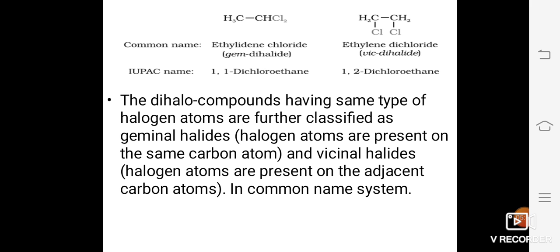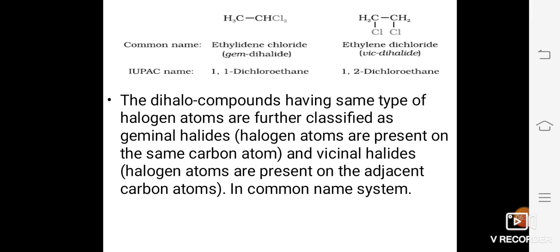So in the next slide we have this example CH3CHCl2. The common name is ethylidene chloride, also called a geminal dihalide. Here we find the first carbon, that is to the right, has two chlorine atoms.